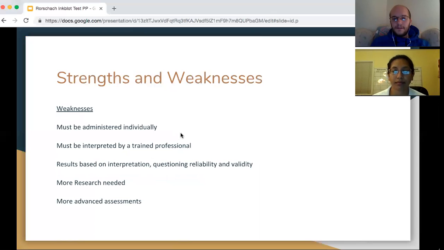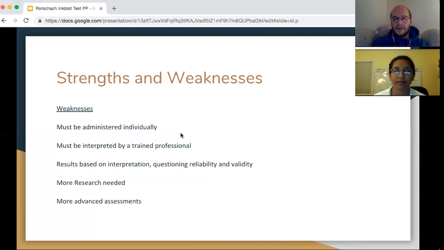Some of the weaknesses of the test are that this test must be administered to an individual. It can't be administered to a group of people. It must be interpreted by a trained professional, and it takes hours for these interpretations to be done.